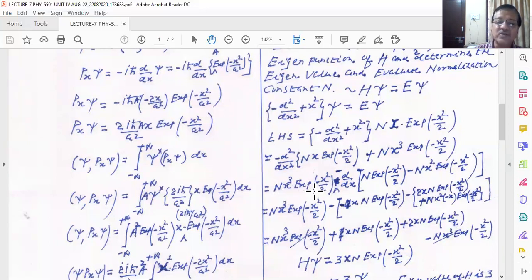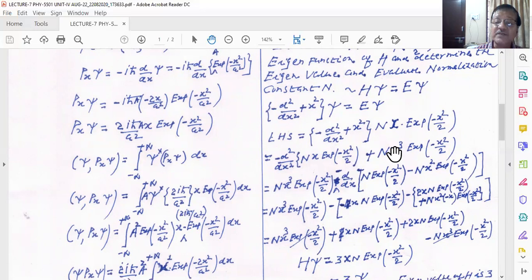And you see there is a minus sign here, so I keep this minus sign. It is a d square by dx square, so basically it is d by dx operating on d by dx. First I take the first order differentiation, because it is a second order differentiation.